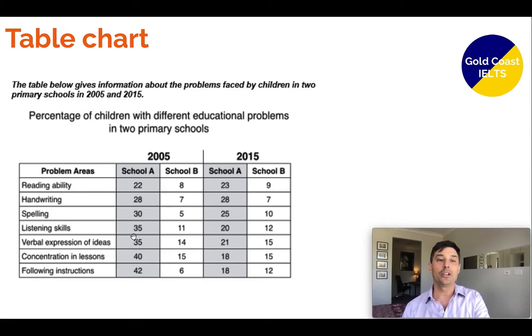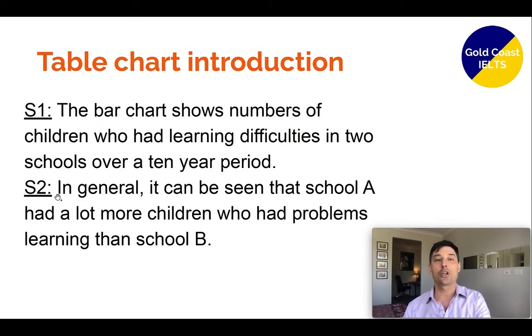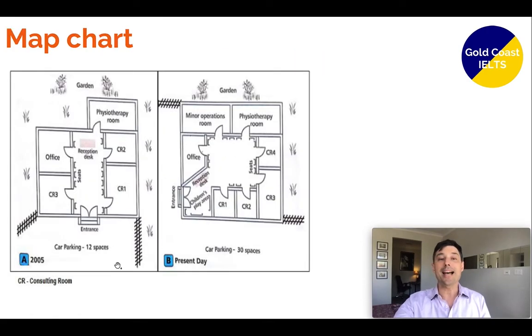School A looks like it has many more problems than School B in 2005, and the same thing in 2015 again. So here's a great key trend sentence. In general, it can be seen that School A has had a lot more children who had problems learning than School B. Last one, map chart.